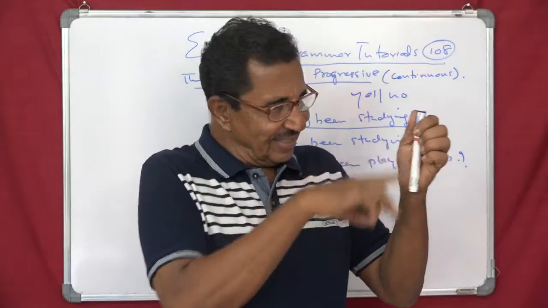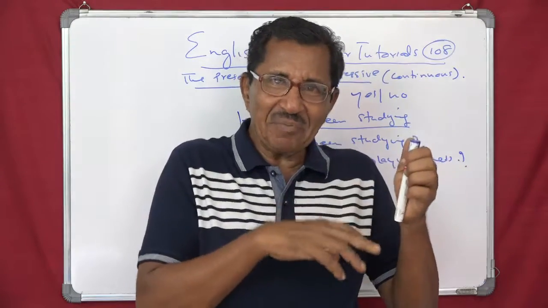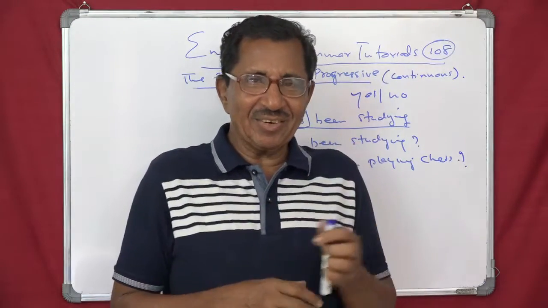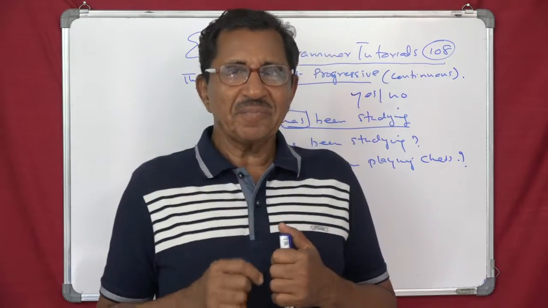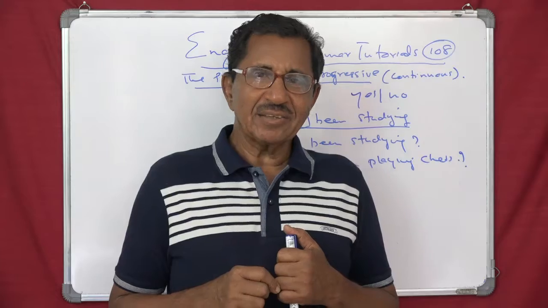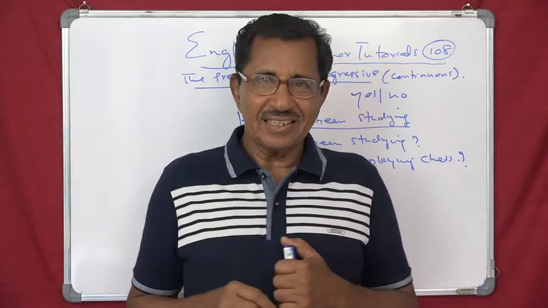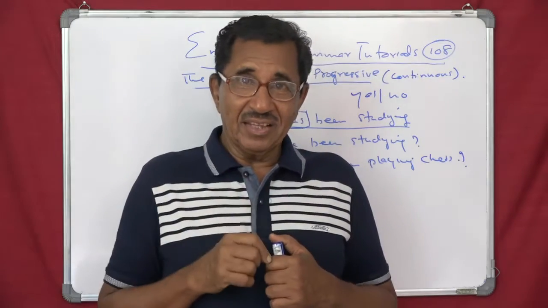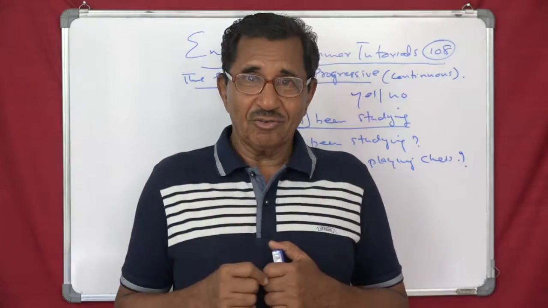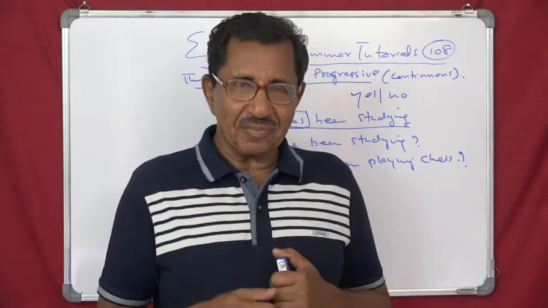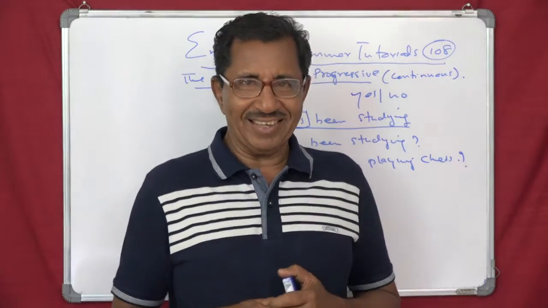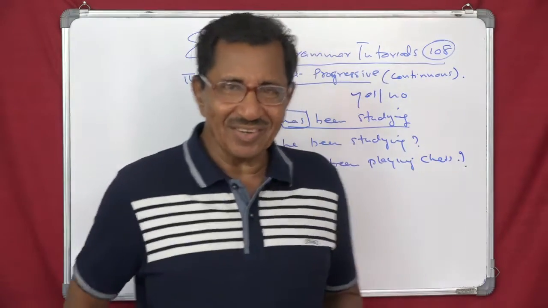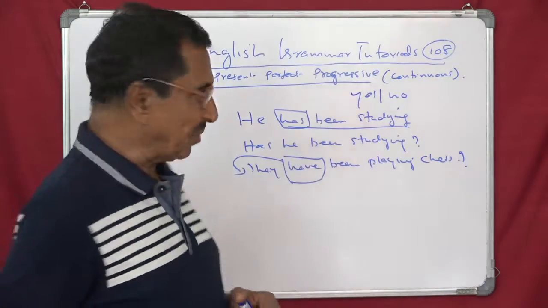So they have been doing. That's a very good action for expressing it in the present perfect progressive tense. They have been WhatsApping. You can make a verb. Have they been WhatsApping? Yes, they have been WhatsApping. That's kind of a new word, you guess. I think that's very simple.